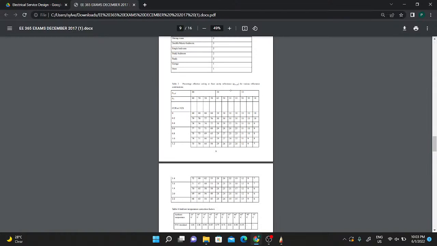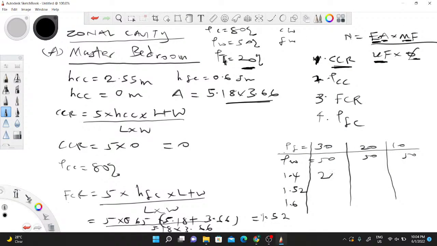With row F of 30 and row W of 50 and all the way to 1.4, I'm having 26. So you see how we use it? I'm having 26 here.